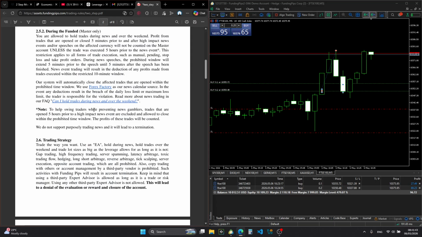To help speculators while preventing gamblers, trades that are opened beforehand are excluded and allowed to close within the prohibited time.